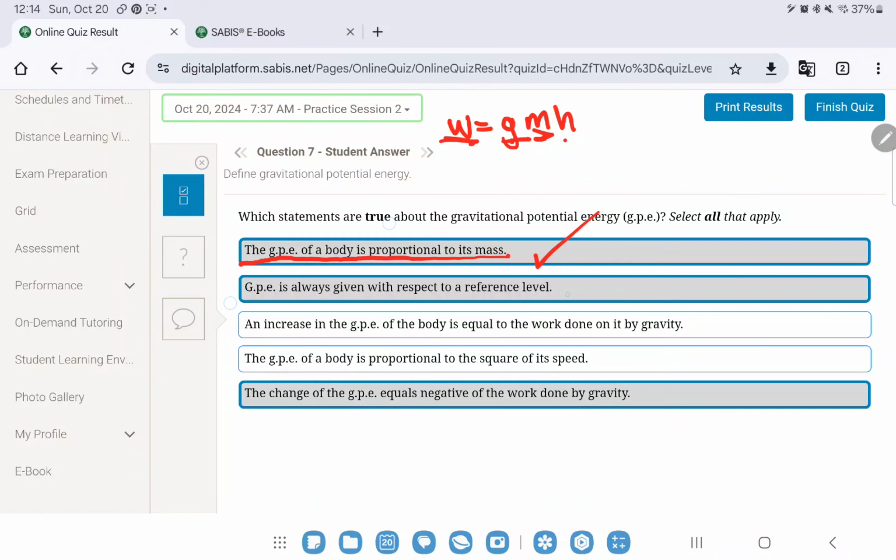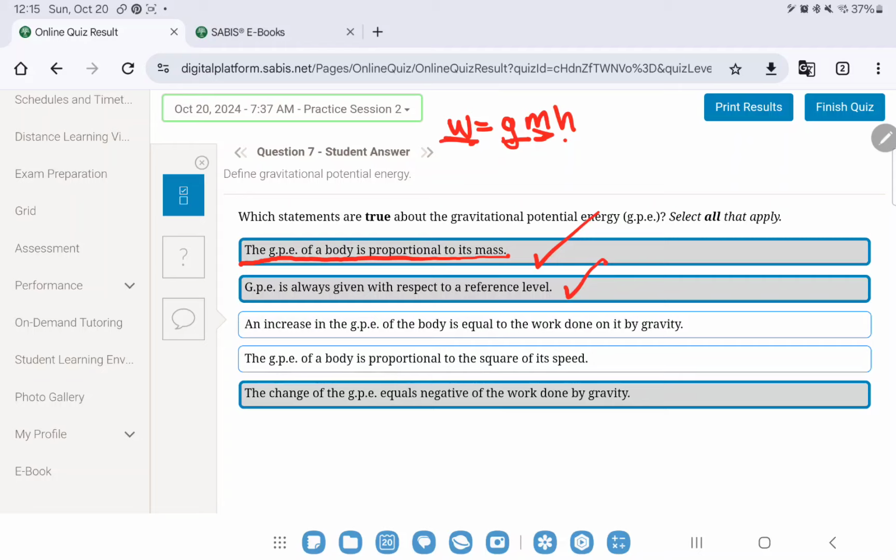GPE is always given with respect to a reference level. Yes, memorize it. It is always given with a reference level. Always. An increase in GPE is equal to the work done on it by gravity. So, no, it's not. It's equal to the negative work done by gravity, because we know that GPE and gravity are opposite.